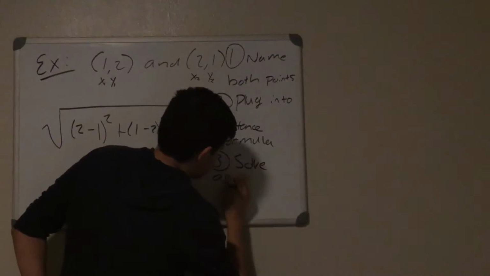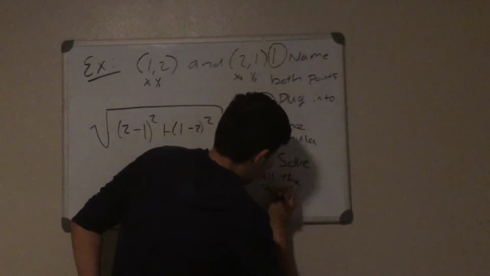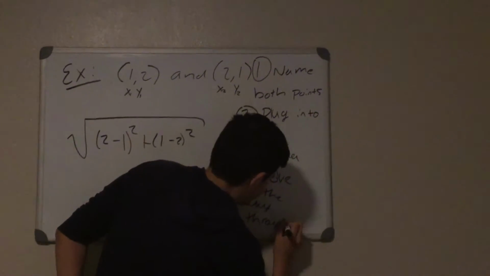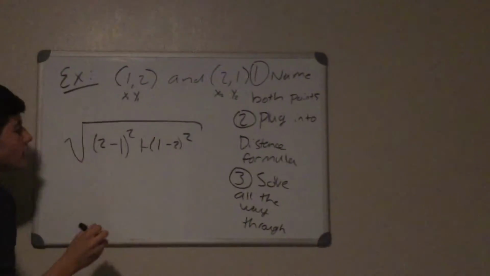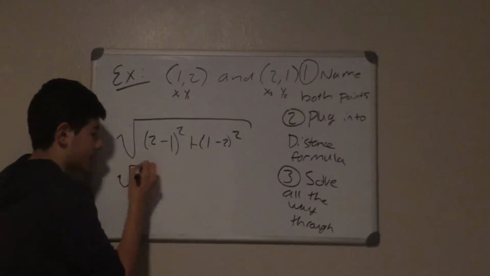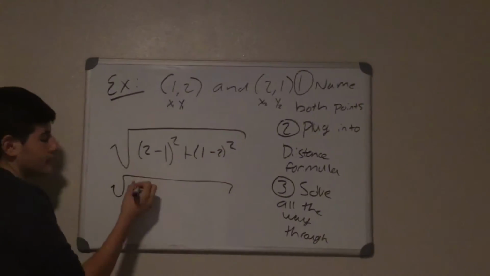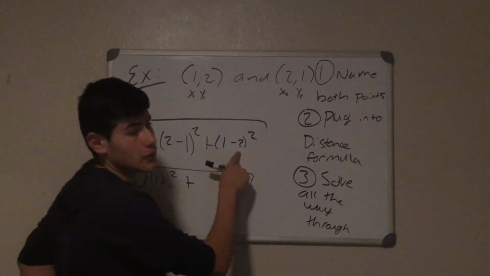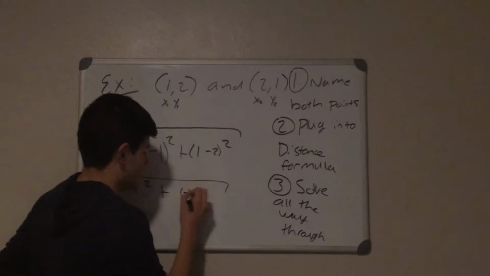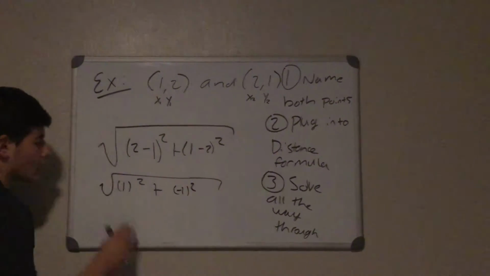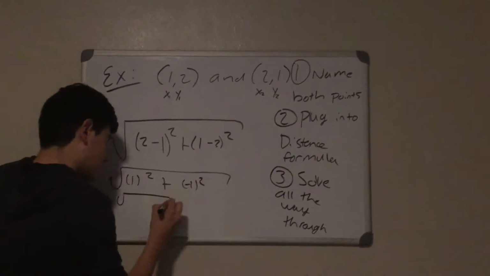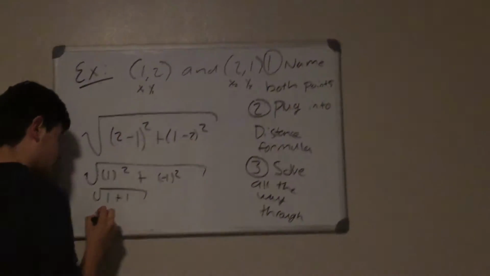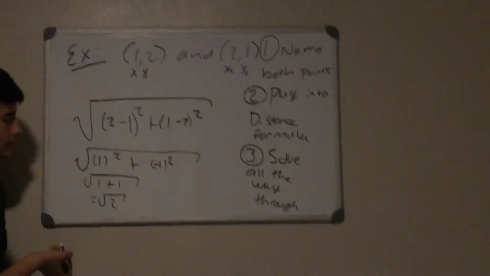Okay, so let's go. 2 minus 1 is 1 squared plus 1 minus 2 is negative 1 squared. 1 squared is 1 plus negative 1 squared is also 1. 1 plus 1 is equal to the square root of 2.